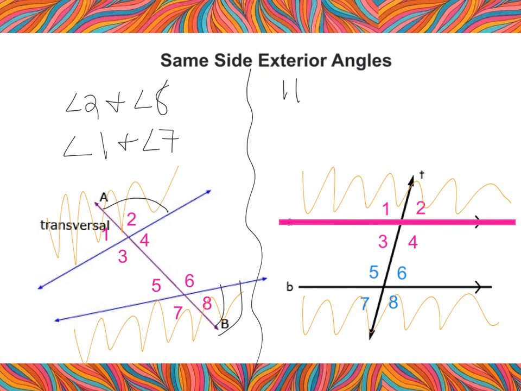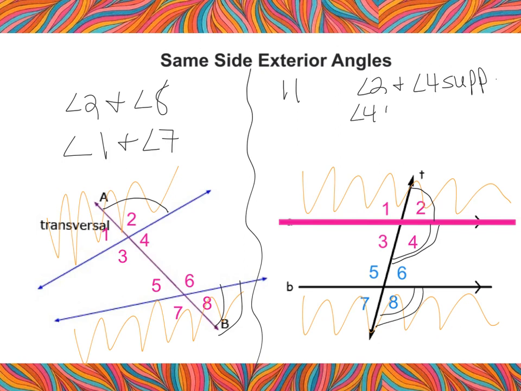So angle 2, I'm going to mark angle 2. I know that angles 2 and 4 are a linear pair, just like we said before. So angle 2 and angle 4 are supplementary because all linear pairs are supplementary. Then I know angles 4 and 8 are corresponding.